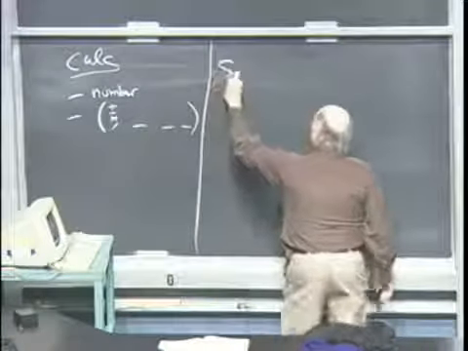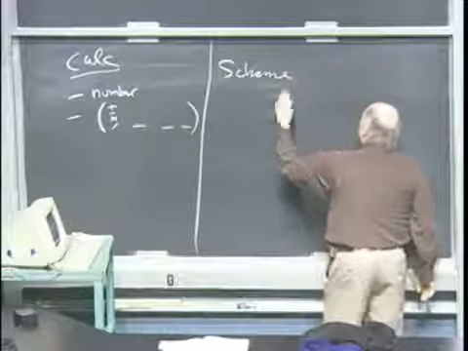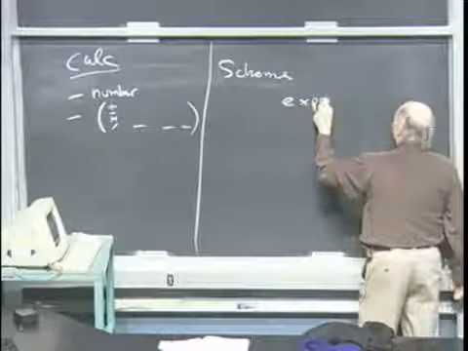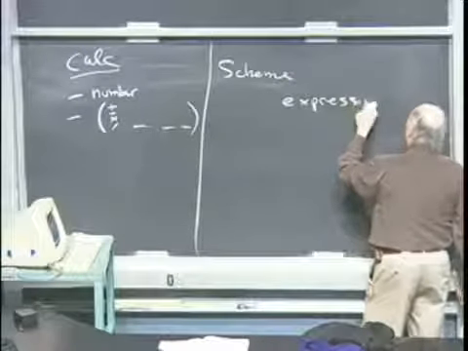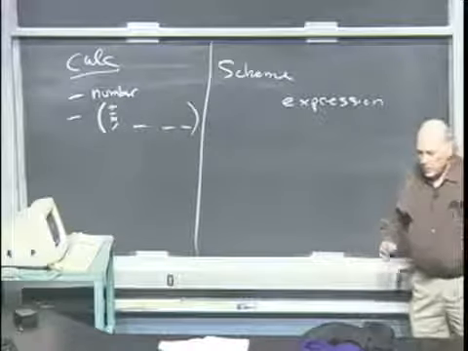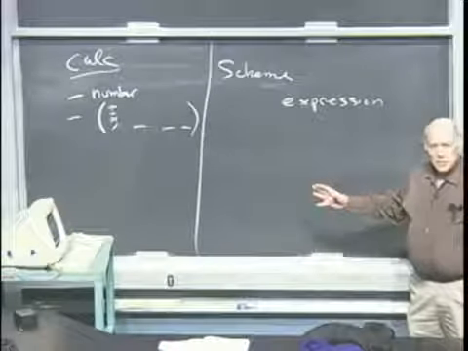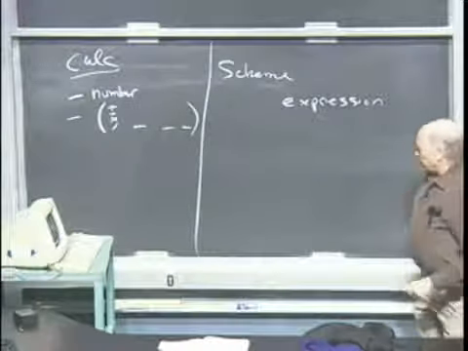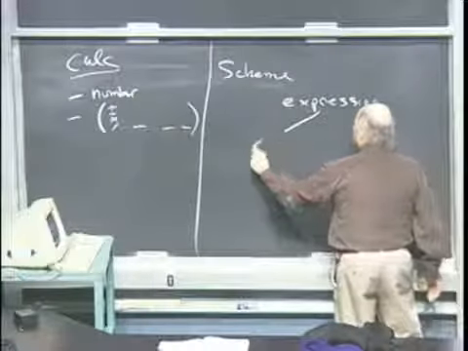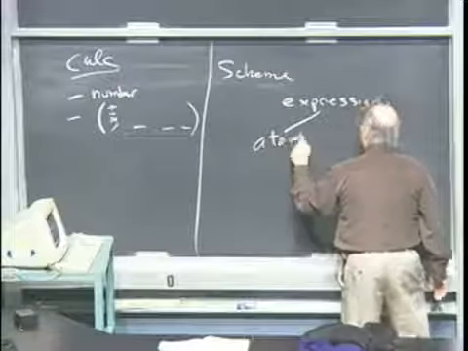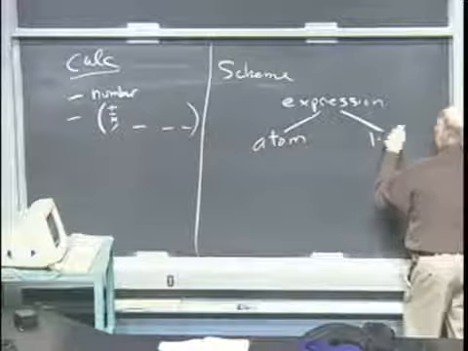In Scheme, we divide up expressions into two kinds and then each of those into two kinds. So an expression is either an atom or a list.